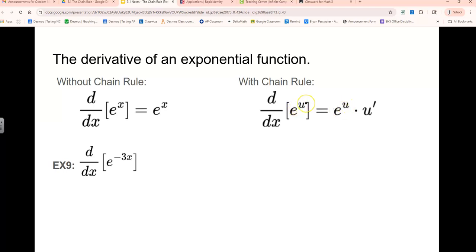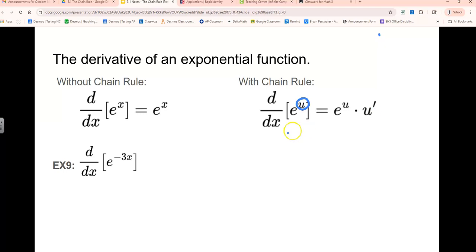But if instead of having an x, you have a u, and that u represents any type of function, it could be negative 3x, it could be sine of x, it could be x squared minus 4, whatever, then it is still itself, but you must multiply by the derivative of whatever that exponent was.